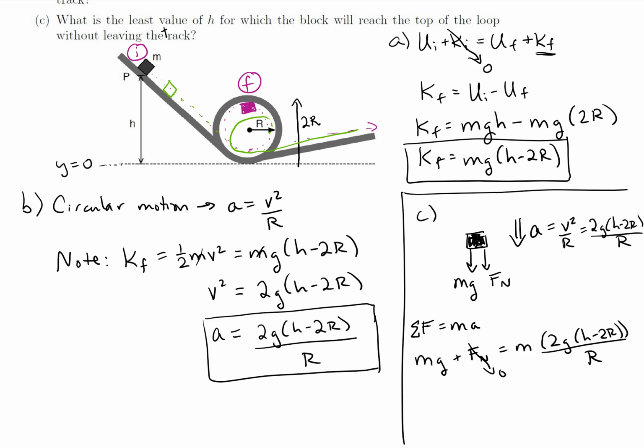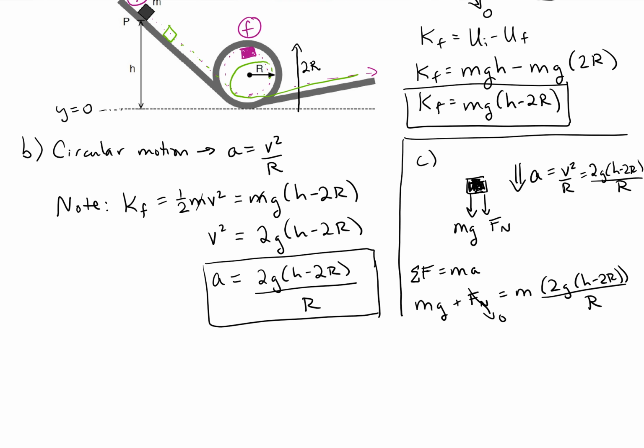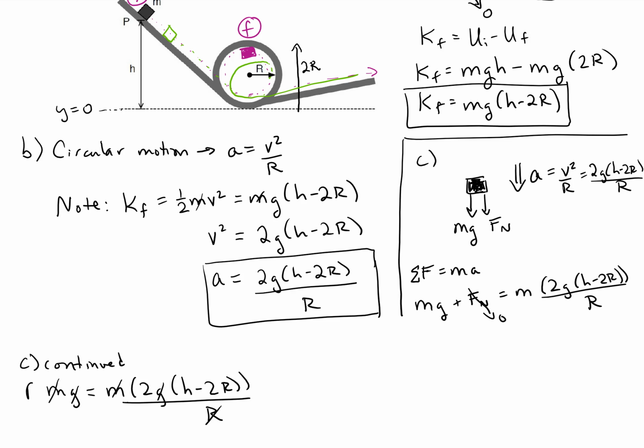Let's solve this. We have mg equals m times 2g(h minus 2r) over r. There's an m on both sides, and there's a g on both sides, so we can cancel those out. Let's multiply both sides by r.